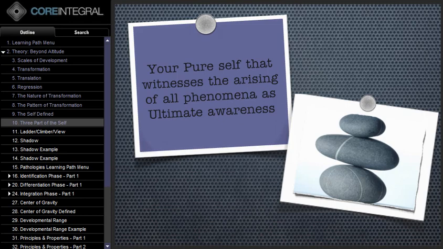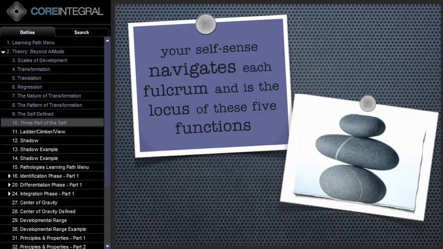This final component will be made clearer in the lesson on states. So, in summary, it is your self-sense or self-system, depending on the perspective you take, that navigates each fulcrum of development and serves as the locus of these 5 important functions.